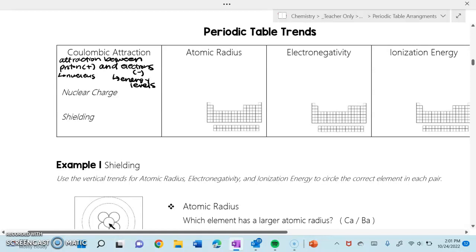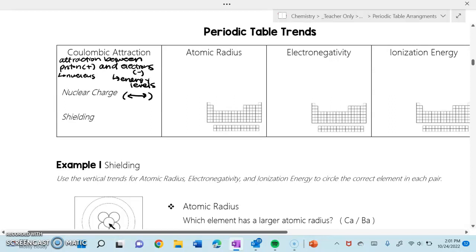If you remember from last week, atoms that are in the same row or period, that will be from left to right, they are in the same energy level. But atomic number continues to increase as you go from left to right. So within that same energy level, we are gaining more protons.